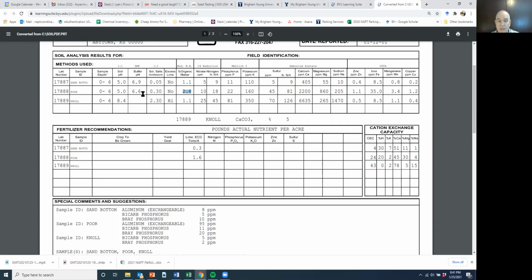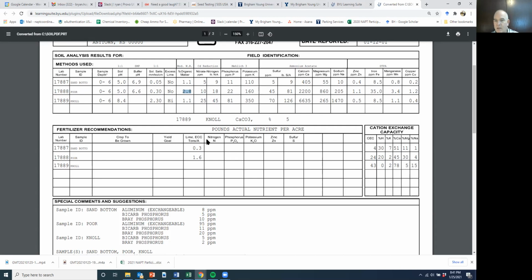Compared to the poor soil, it only raised it to 6.6. So that tells us it's going to take more limestone. And the lab has some calculations that they do in order to give us that number. But that explains why we're seeing that difference in lime amount: one is more highly buffered against change than the other one.